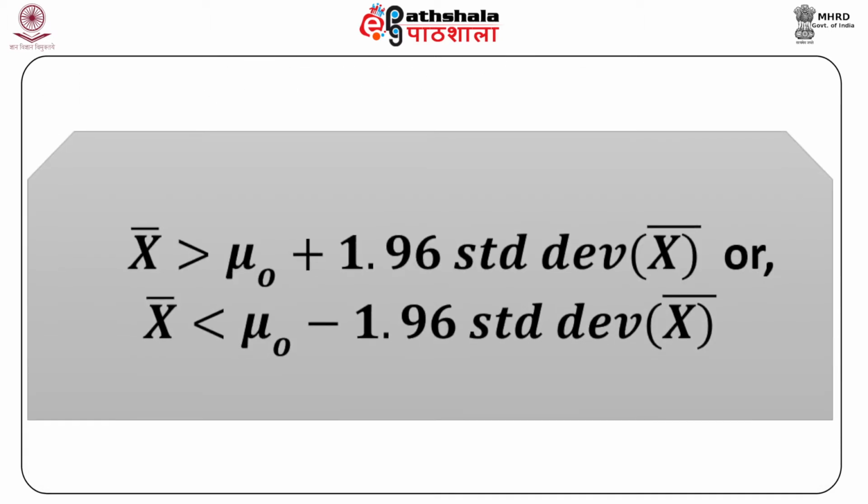And these tails are basically obtained or bifurcated from mu 0 minus 1.96 standard deviation and mu 0 plus 1.96 standard deviation. And the source of these diagrams basically is from Dorothy, but I'm sure you all understand the implications of this.